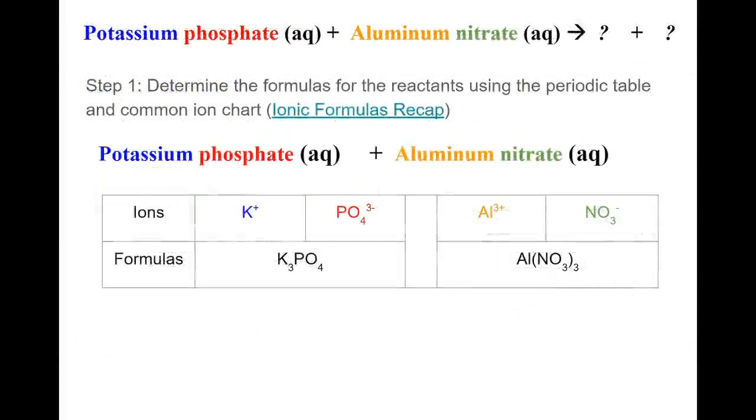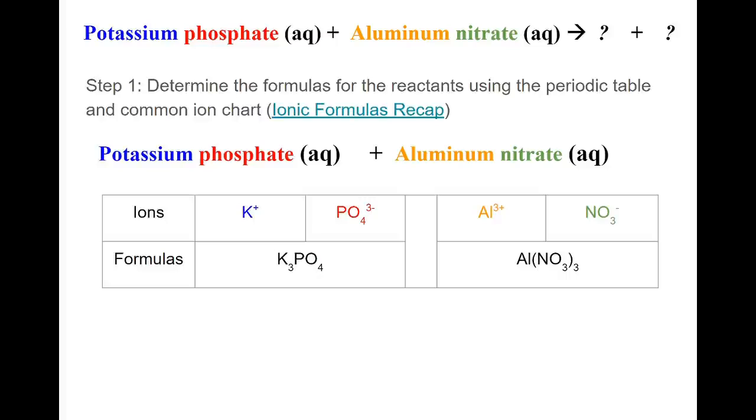So on slide 6, we went through step number 1, determining the formulas for our reactants using the periodic table and the common ion chart. So potassium would be K with a +1 charge. Phosphate is capital P, capital O, 4 with a -3 charge. So if I use my crisscross rule, I get K3PO4.